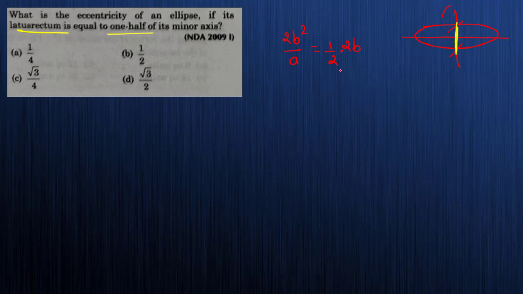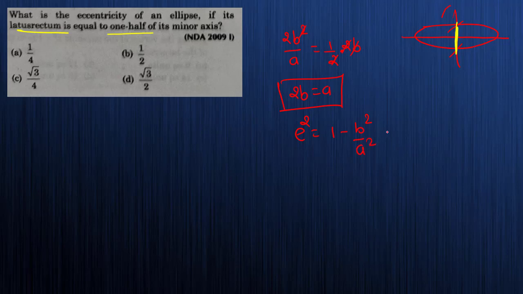So from the given condition we can form this equation. The 2 cancels with 2, and b cancels, so what we have is 2b is equal to a. Again the same relation, which we got in one of the previous questions. What they are asking is eccentricity. So e square is equal to 1 minus b square by a square.